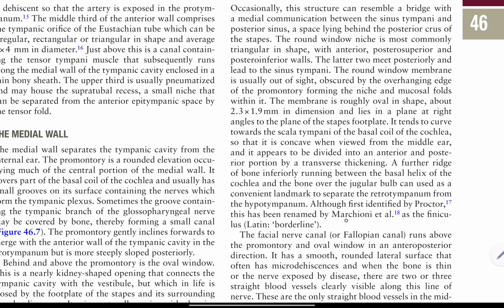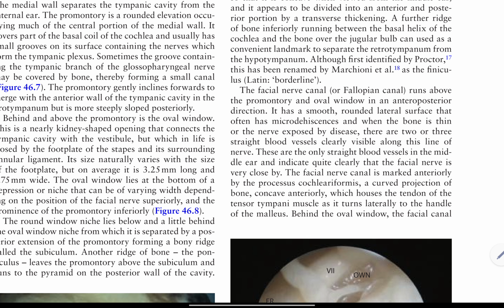The facial nerve canal, or fallopian canal, runs above the promontory and oval window in an anterior-posterior direction. It has a smooth rounded lateral surface that often has microdehiscences, and when the bone is thin or the nerve is exposed by disease, two or three straight blood vessels are clearly visible along the line of the nerve. There are only straight blood vessels in the middle ear, and they indicate quite clearly that the facial nerve is very close by.